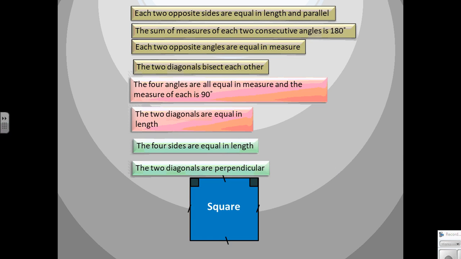Here we have 90 plus 90, so it equals 180. Each two opposite angles are equal in measure. The two diagonals bisect each other, and bisect means to cut into two equal parts. The four angles are all equal in measure, and the measure of each is 90 degrees. The two diagonals are equal in length. The four sides are equal in length. The two diagonals are perpendicular.